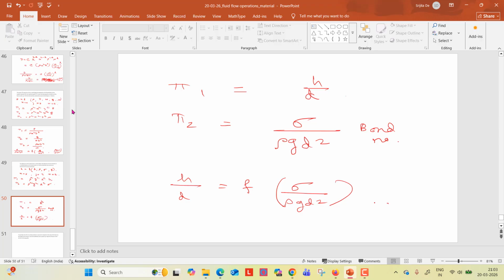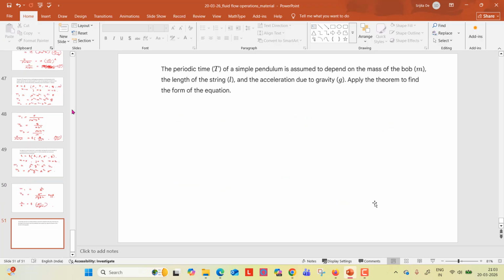Next question: the periodic time t of a simple pendulum is assumed to depend on the mass and the length and the acceleration due to gravity. Apply the theorem to find. So here t is a function of mass of the bob, length of the bob, and g.